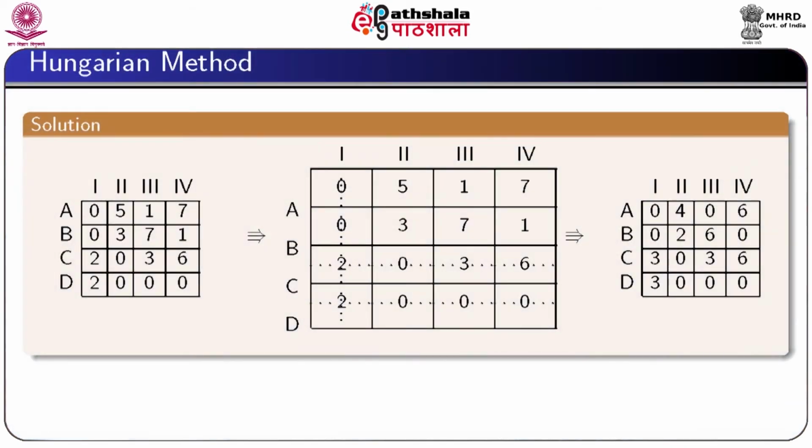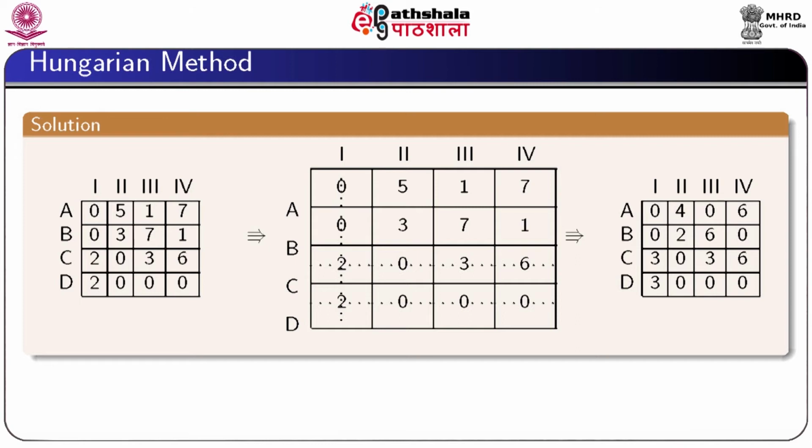So, in this slide, the first table shows the result after subtracting the lowest element of each row from the respective elements of that row, and subtracting the lowest element of each column from the respective other elements of that column.